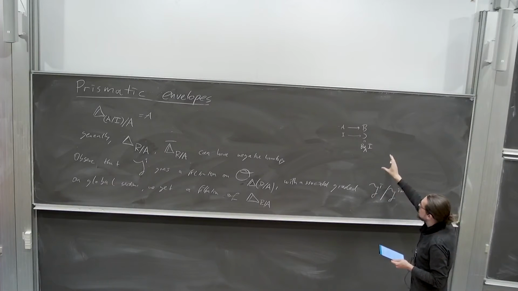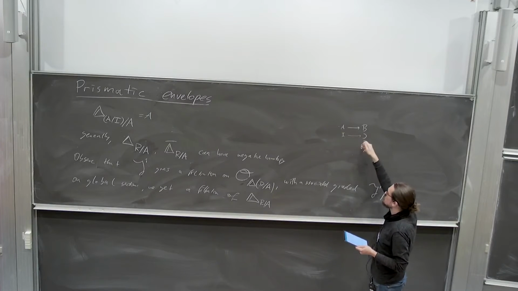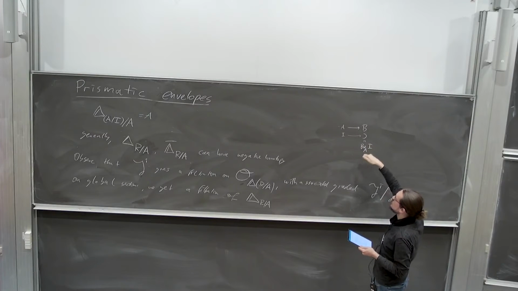This is also the main reason why these ideals were defined in the way they were, where we require that they're locally generated by some element d whose delta is a unit.